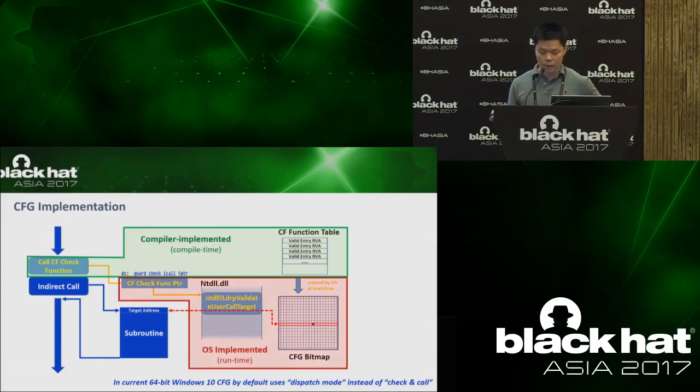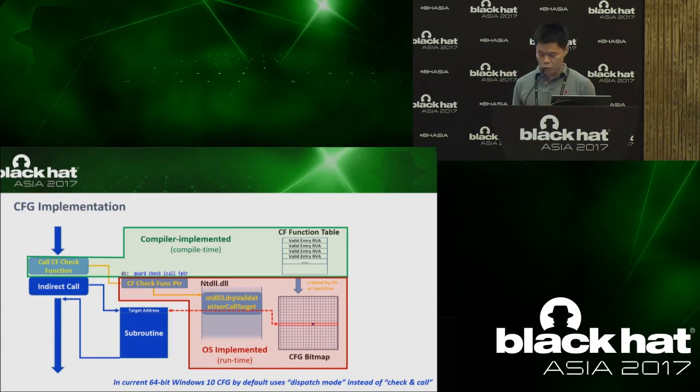Meanwhile, the operating system does the bottom half of this picture. The operating system points the CF check function pointer to the function LdrpValidateUserCallTarget in the NTDLL library, and generates the CFG bitmap based on the CF function table from the compiler.